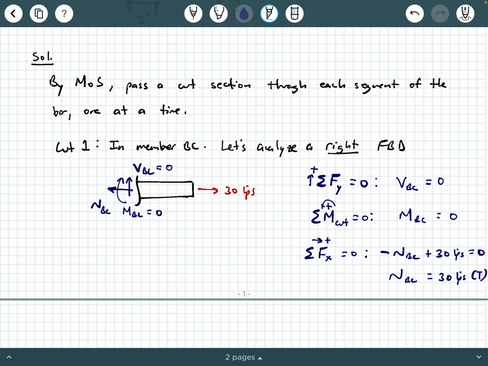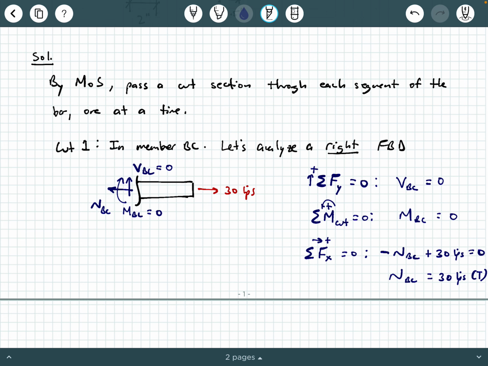And when you assume an unknown force is pointing in a particular direction, you then perform the calculations of the equilibrium equation. That's what we did here. And if it comes out positive, that means that this force is, in fact, pointing in the direction that we assumed, to the left, okay? Now, it came out positive, all right? So it means it's pointing in the direction we assumed, to the left.